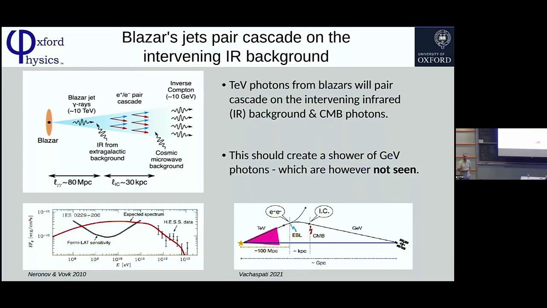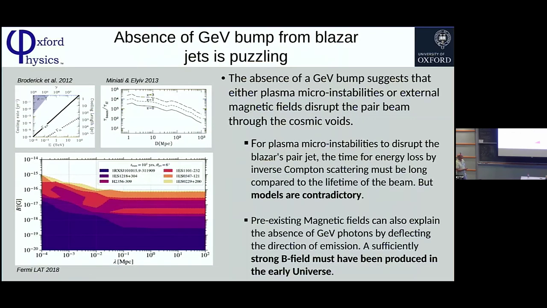This is rather puzzling, and one possible explanation is that in the jet of electron and positron pairs, there are intervening magnetic fields that deflect the pairs outside the direction of the line of sight, and so the GeV gamma rays are emitted not in the cone of the observations.